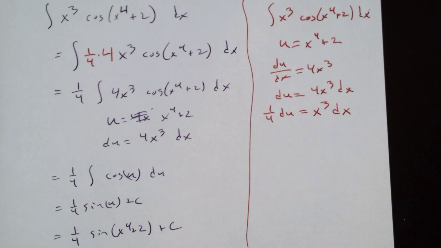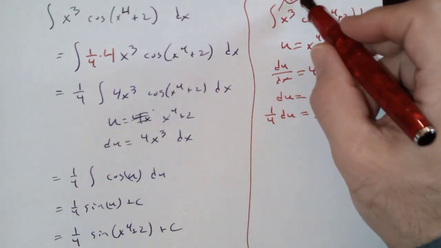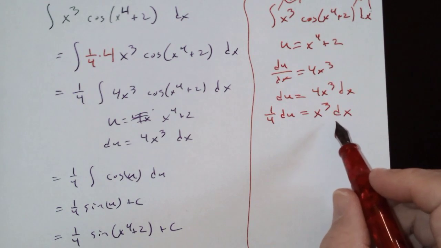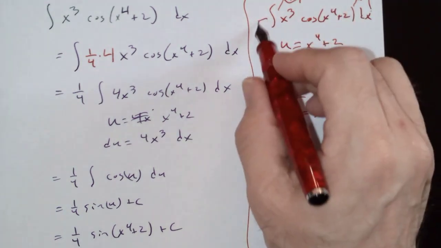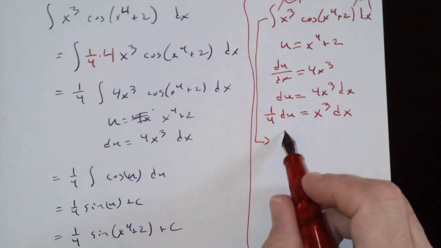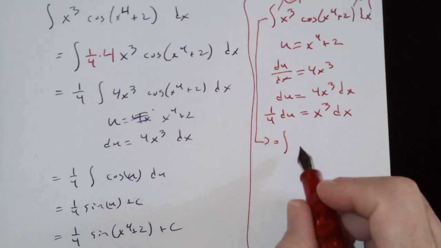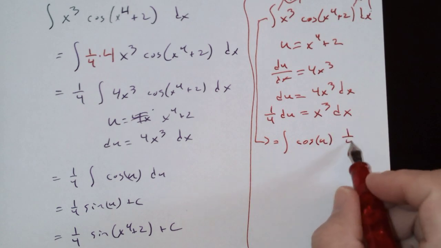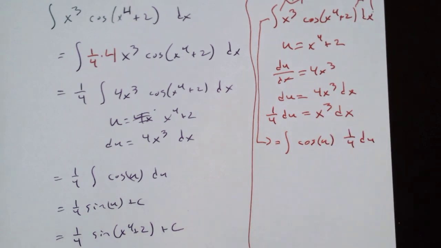Now, the x cubed and the dx make up this part. So this becomes the integral of cosine of u 1/4 du.